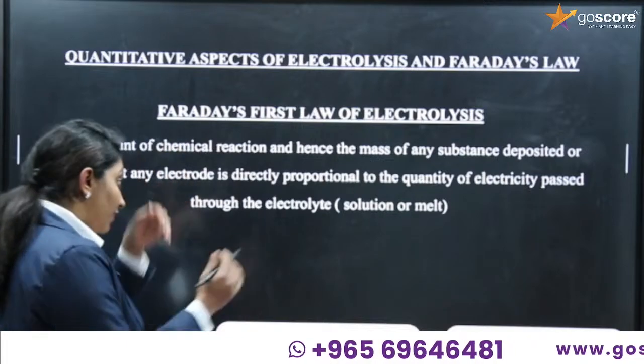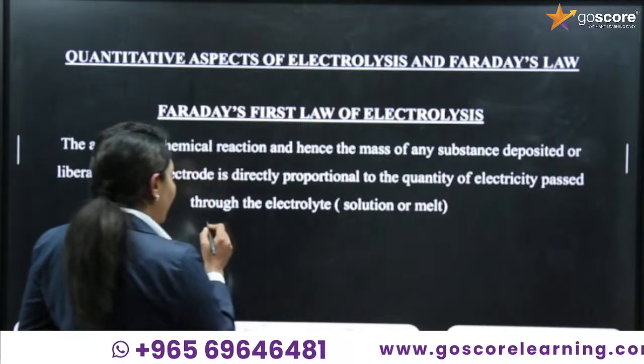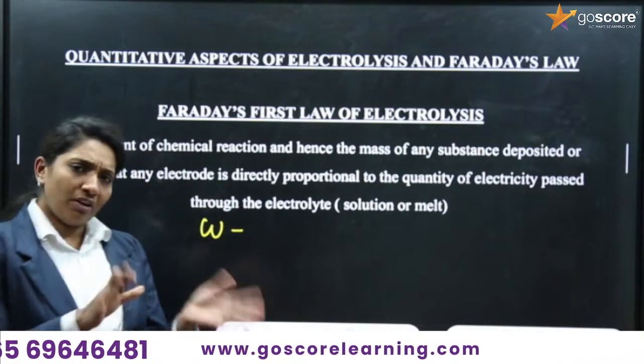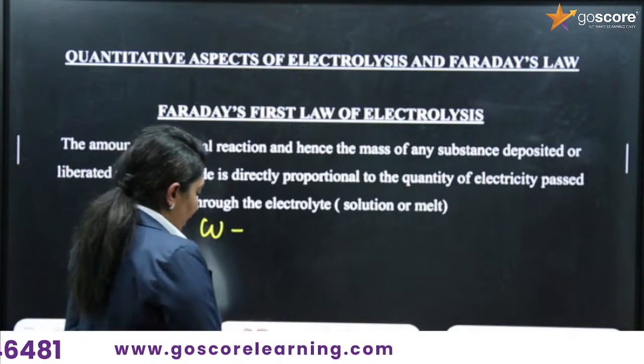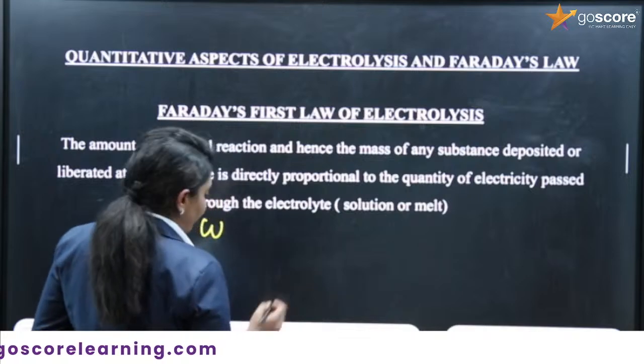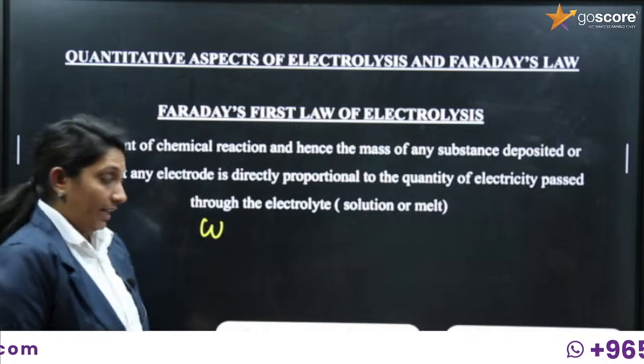Okay, so imagine if W amount of substance is either liberated or deposited at the electrode.